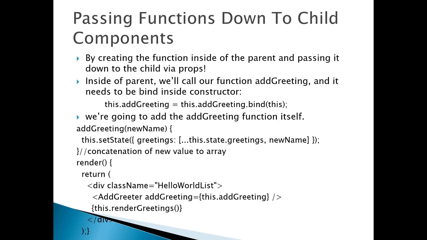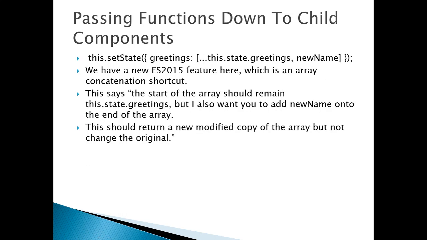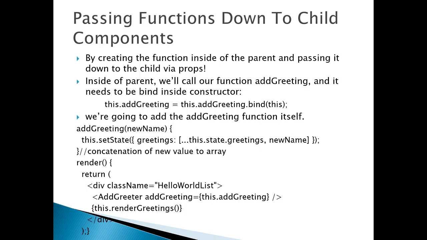So the child can access this function in its props dot add greeting, and can work accordingly. So this is the way with which a function can be passed to the child. When you find a variable with the function, it is very easy, and you can easily pass this function to the child. The child component will access this function easily with props dot add greeting, this dot props dot add greeting.